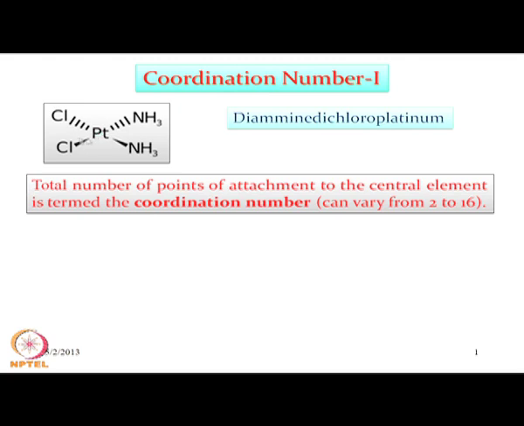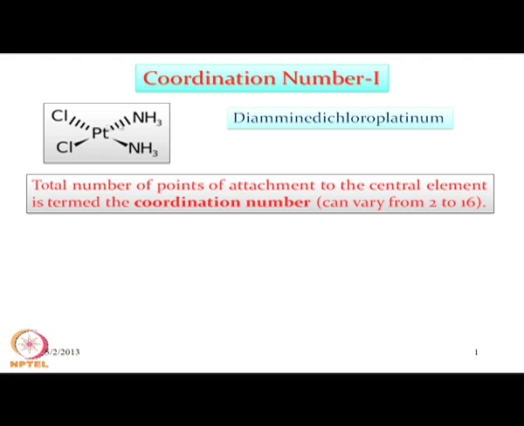So, it is cis-diamminedichloroplatinum, and as the definition tells us, the total number of points of attachment, so this platinum center has a total number of points of attachment equal to 4. So, the coordination number of this platinum center is 4.